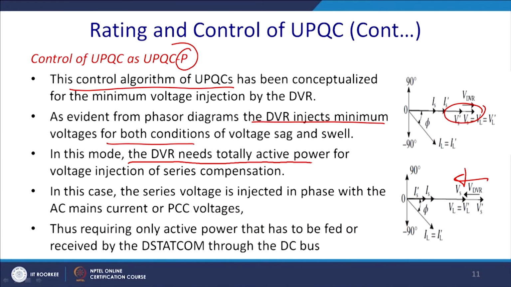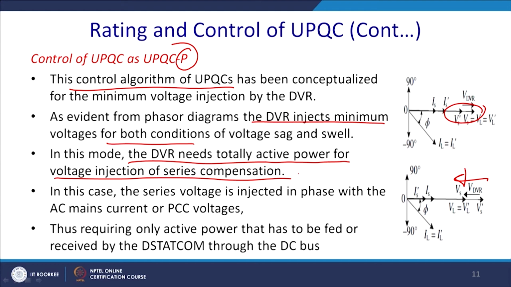In this mode, the DVR needs totally active power for the voltage injected in series compensation. So, it will take the active power from the source and boost up the voltage, or suck the power from the source to reduce the swell.